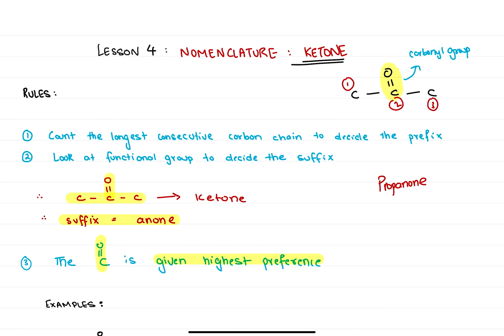You can't have ethanone, because in the case of ethanone you just have one carbon on this side. What are you going to attach over here? You need to have a carbon, a carbonyl group, and then a carbon in order to make a ketone. So remember that the smallest possible ketone is propanone, because you need at least 3 carbons to make a ketone.